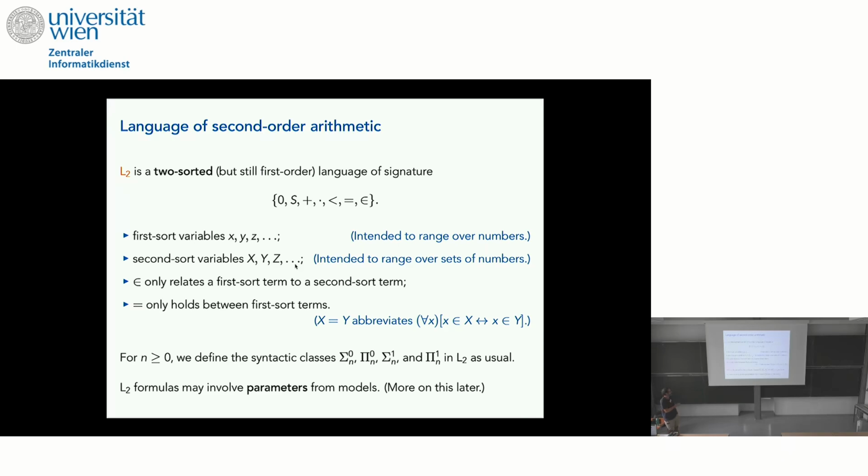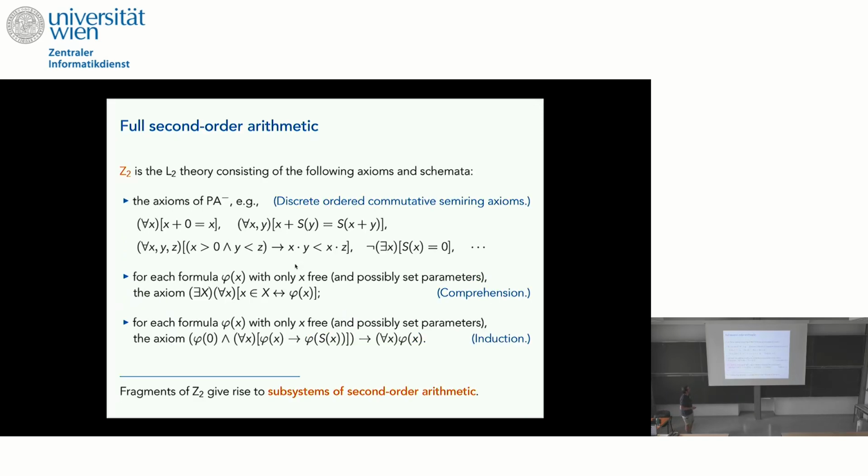And then we can define the usual syntactic classes. When we're dealing with models, which I'll talk about in a second, we can also use parameters, which you can think of in the formulas as treated like universal closures, with free set variables floating around.